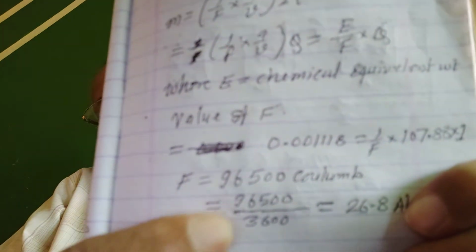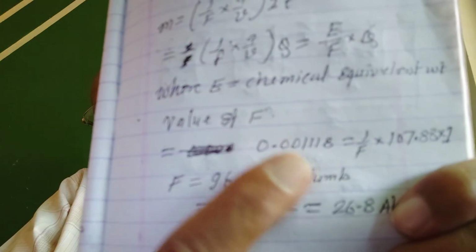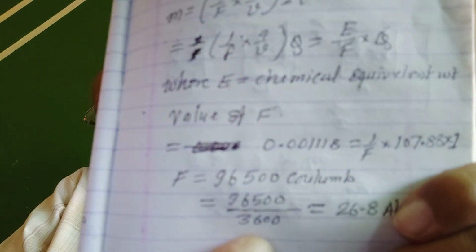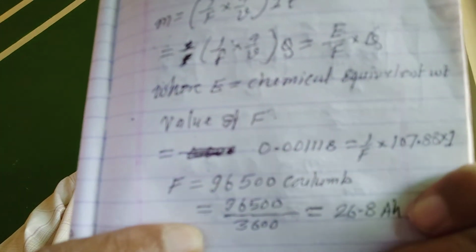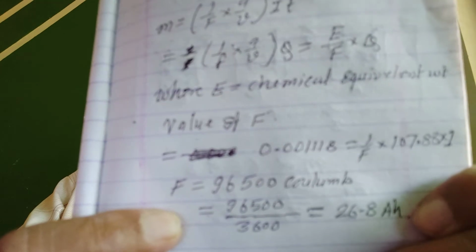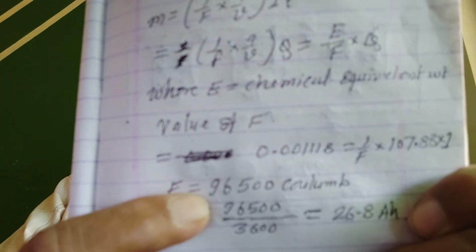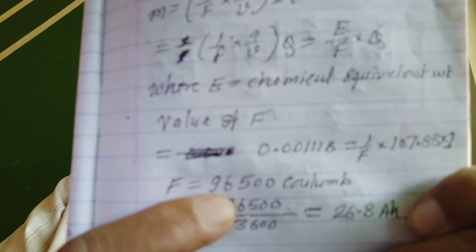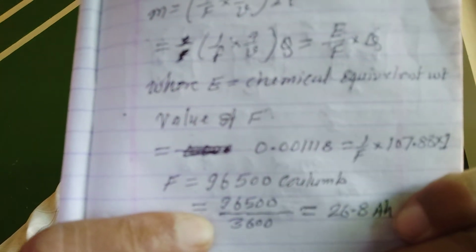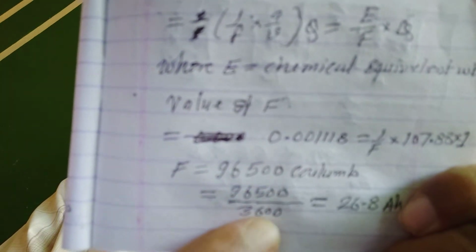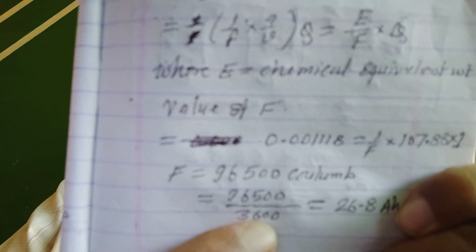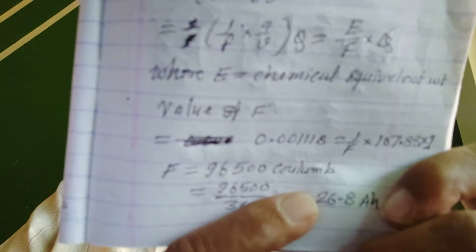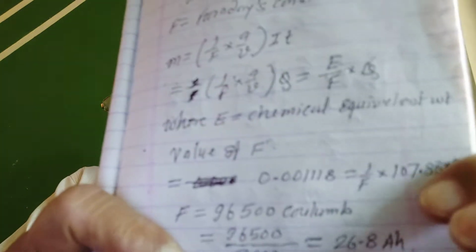So when we put all these quantities in this particular equation, ultimately we find that the value of F is equal to 95,500 coulombs, and if it is converted into ampere hours, then you divide it by 3600, that is the seconds in 1 hour. So this comes out to 26.48 ampere hours.